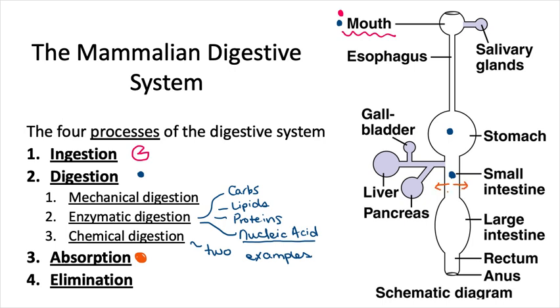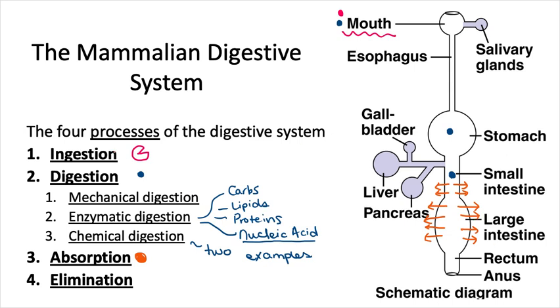A lot of water is secreted in the digestive system, and if we don't get it back into the bloodstream, we will have massive diarrhea and die of dehydration. So absorption means taking up nutrients and water back into the bloodstream. So that will occur in the small intestine after digestion, as well as in the large intestine.